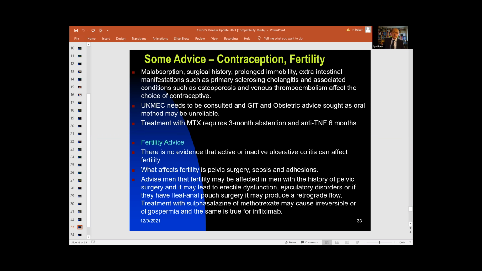If a person is of fertile age and is on methotrexate, a 3-month abstention from methotrexate is needed before oral contraception can be prescribed. And with anti-TNF, there should be a 6-month abstention. Fertility advice can be provided by an obstetrician who is expert in inflammatory bowel disease as well. Each region has at least 1 or 2 such specialists.